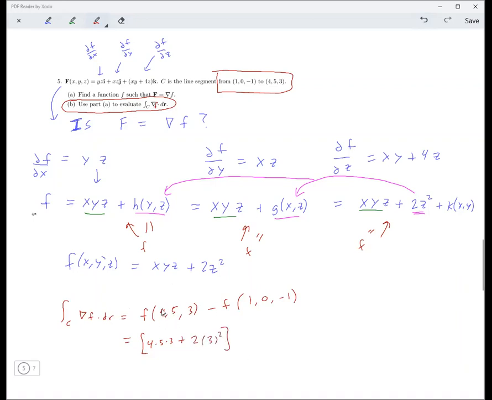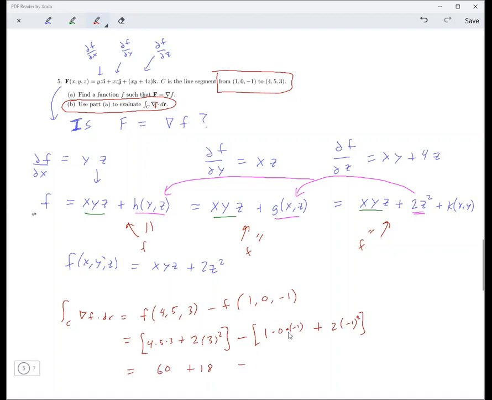That's the terminal point. Subtract the ending point. 1, 0, negative 1 goes in here. That's times, and then negative 1 goes in here. 4 times 5 times 3, that's 60. This is 18.